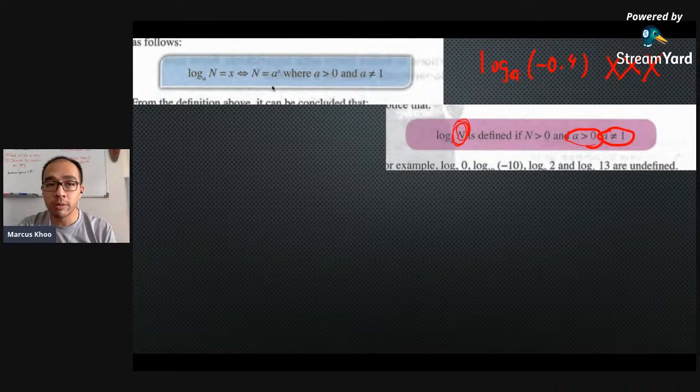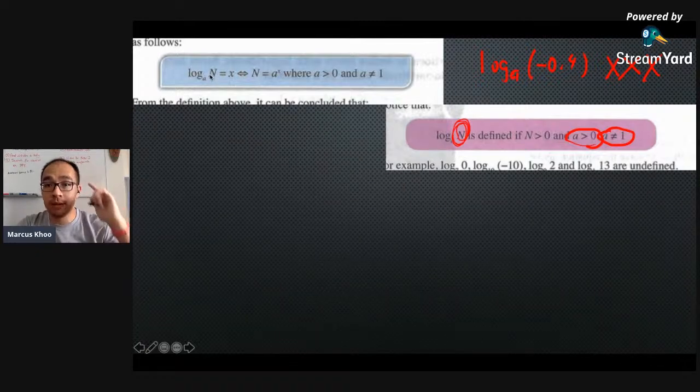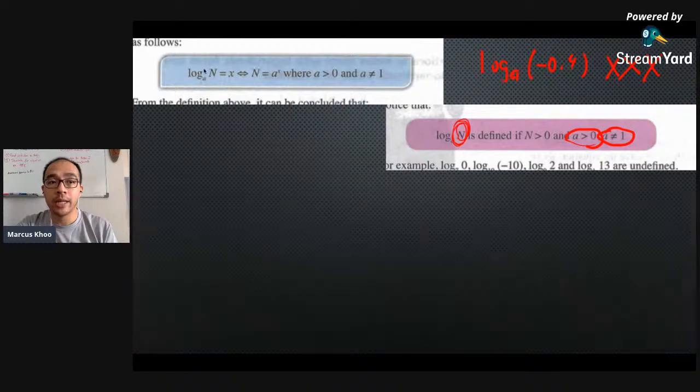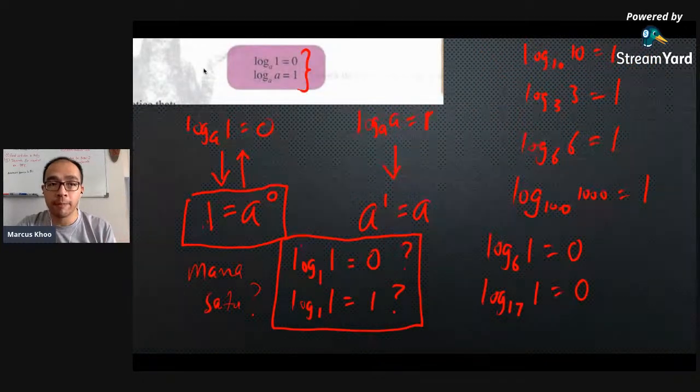And then we also talked about the conditions for log to be defined. As I mentioned before, for log to be defined, the letter A and the letter N must be positive in number, and A cannot be equal to 1, because base 1 is not defined.